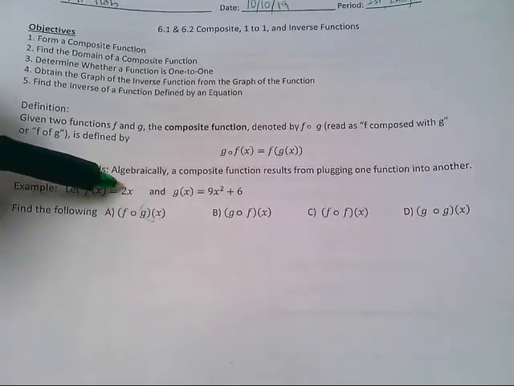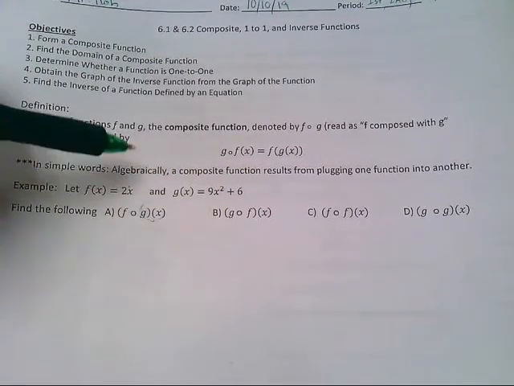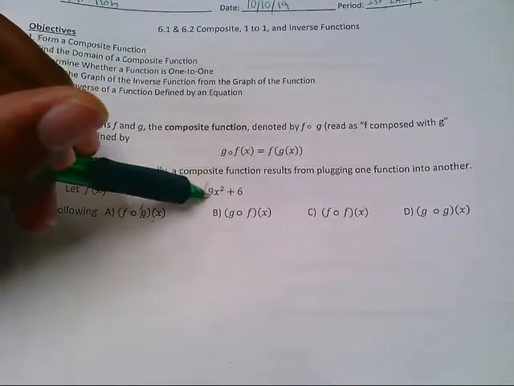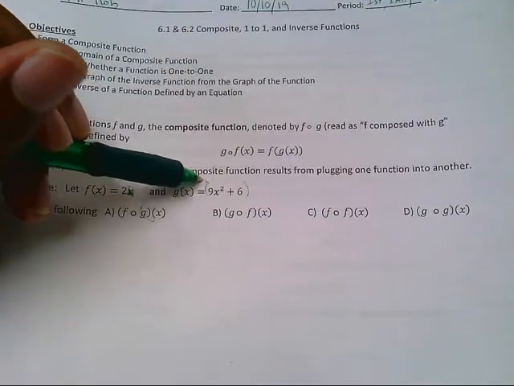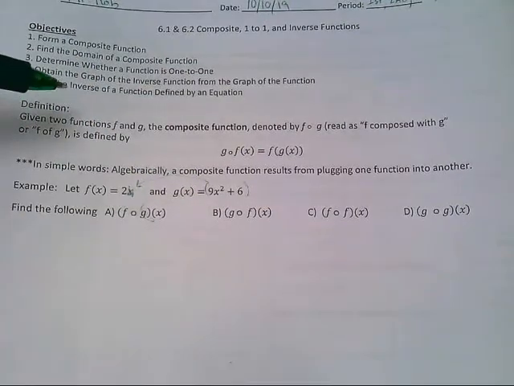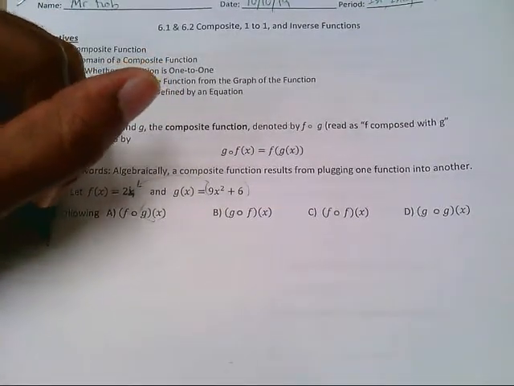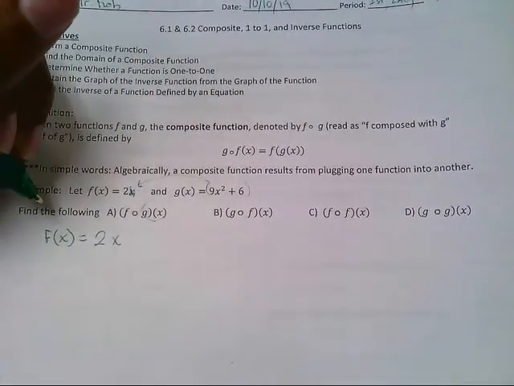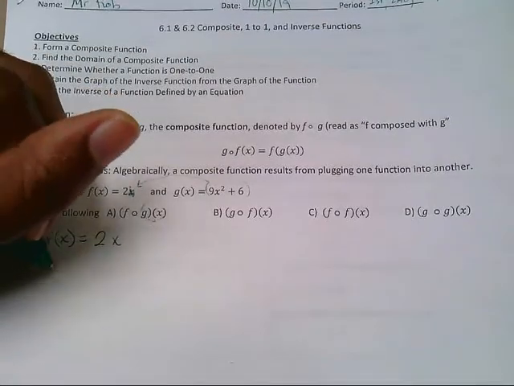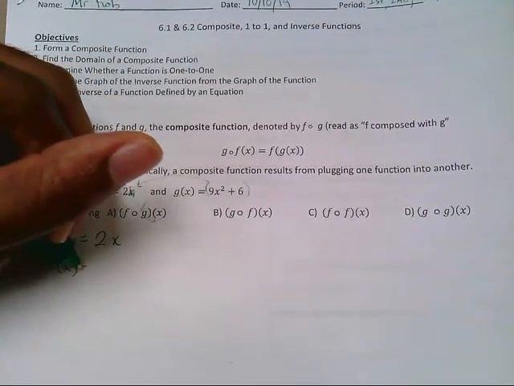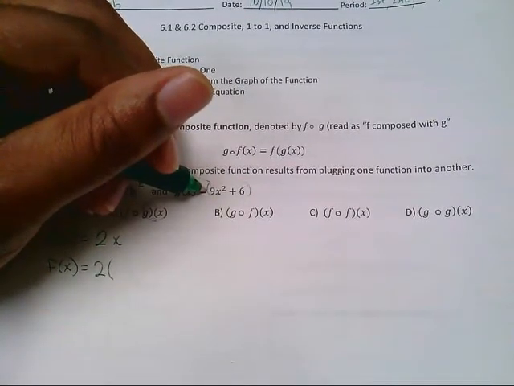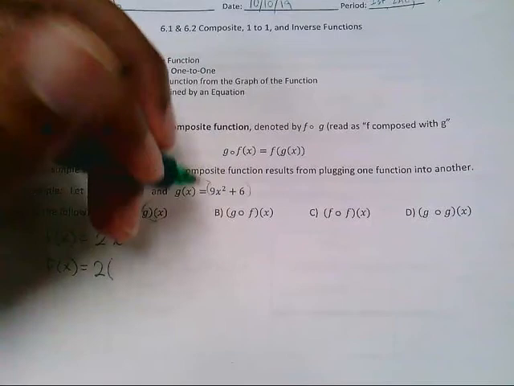And you see f of x here is 2 times x. So when we plug g of x into f of x, we're going to take this x out of the equation and put the equation that we have for g where the x was in f of x. Originally we would have f of x equals 2 times x, but because we're plugging one function into the other, instead of plugging in the x, we'll now insert 9x squared plus 6 in its place.